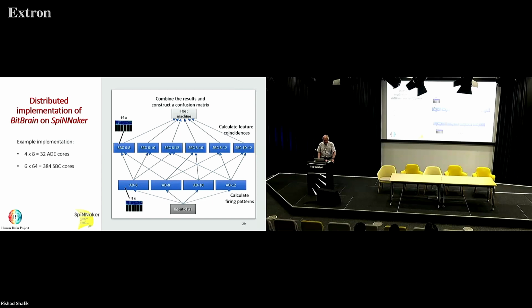So the example implementation that we put together used 32 cores for the address decoder elements and 384 cores for the sparse binary coincidence memory.